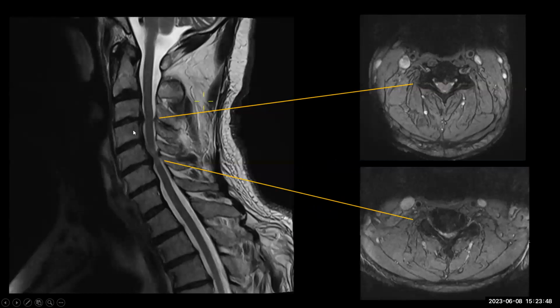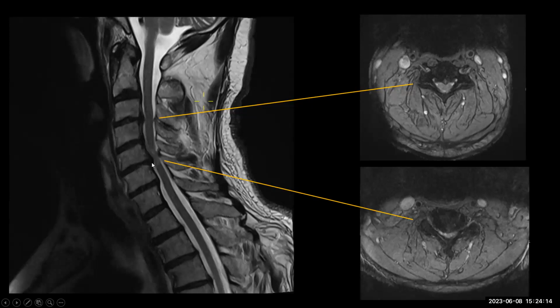So at the level of C3-C4, the disc height is slightly reduced, and you have sort of a disc osteophyte complex. Go immediately to your axial images. You can see that it is sort of abutting the ventral aspect of the cord, and it is narrowing the exiting neural foramina. There's a much larger disc at C5-C6.